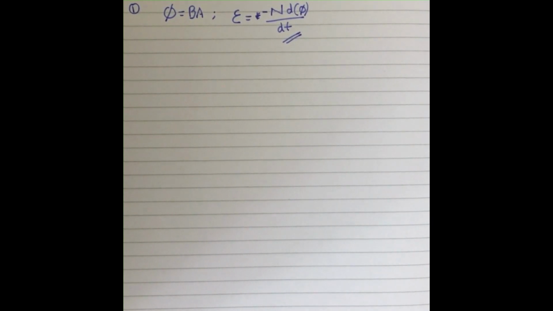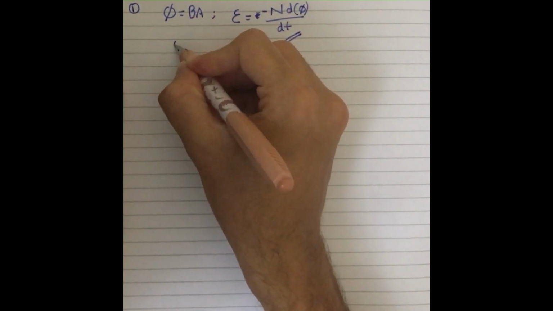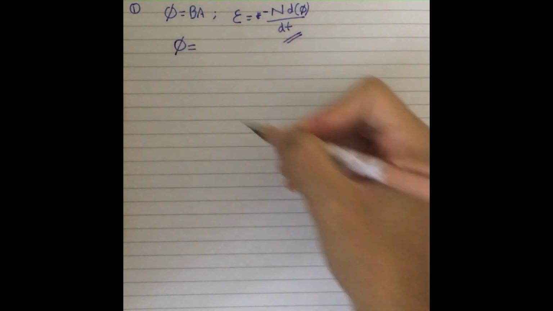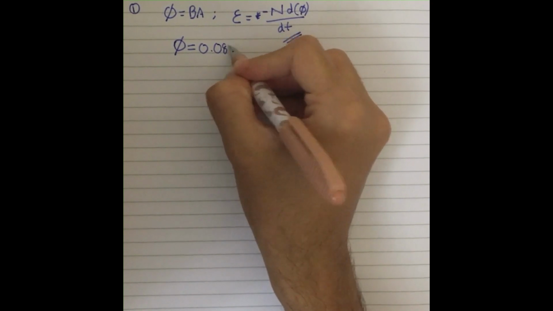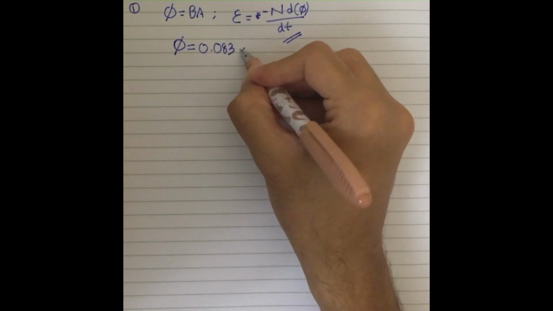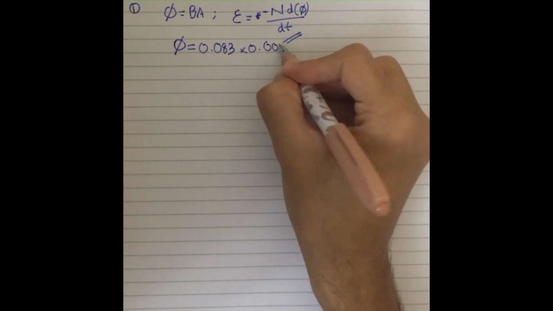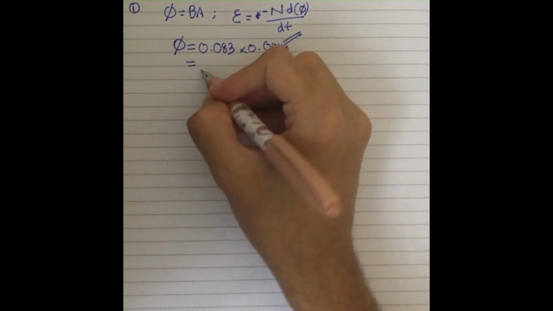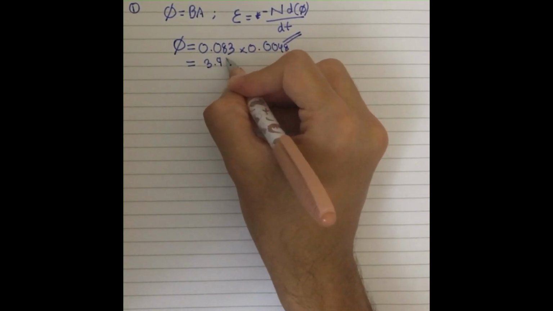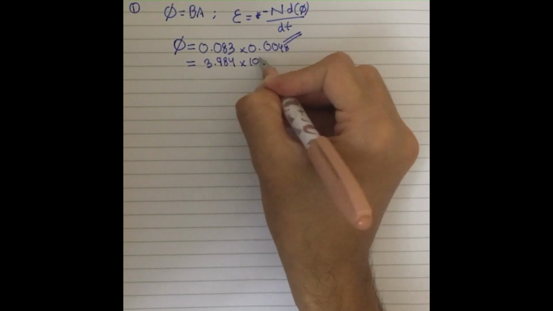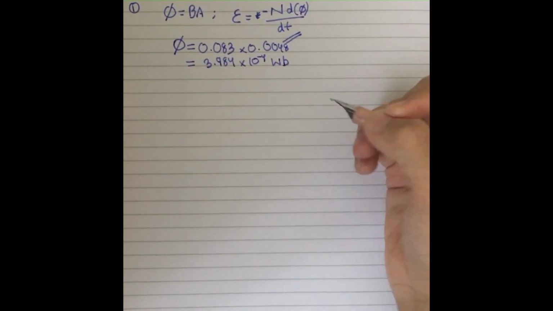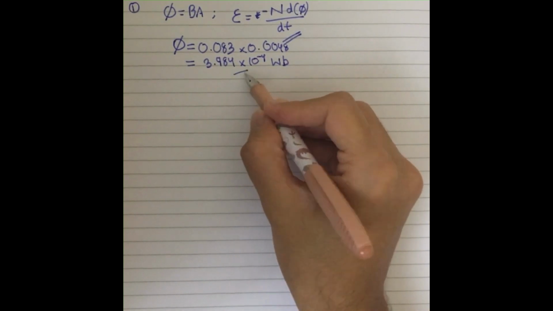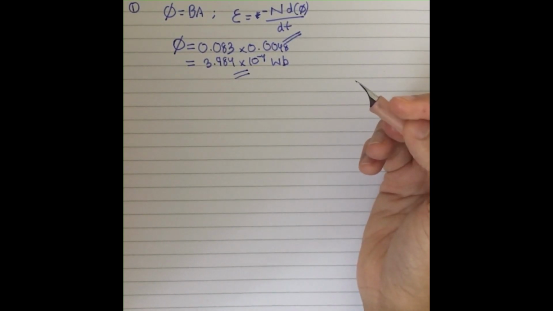So let me find the magnetic flux first, right? My magnetic flux will basically be 0.083 times 0.0048, and then I get this as 3.984 times 10 raised to power minus 4 Wb, Weber.